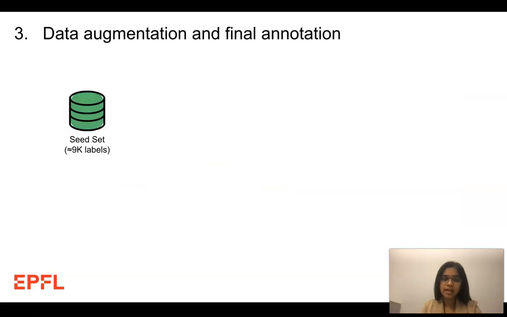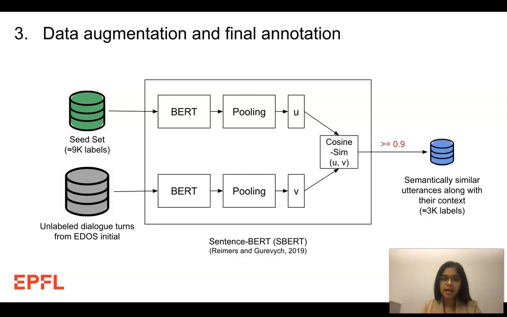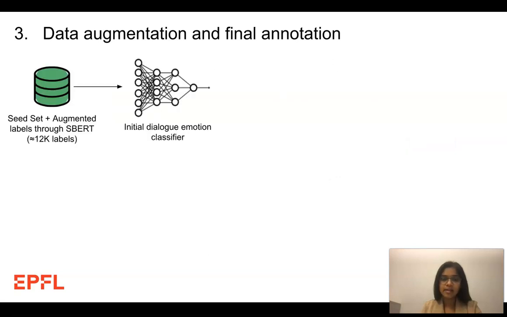To automatically expand our seed set, we used the Sentence-BERT model proposed by Reimers and Gurevych. Using this, we derived sentence embeddings for the labeled and unlabeled utterances and compared them to find and annotate similar unlabeled utterances from the dataset. Then we used it to train an initial dialogue emotion classifier.